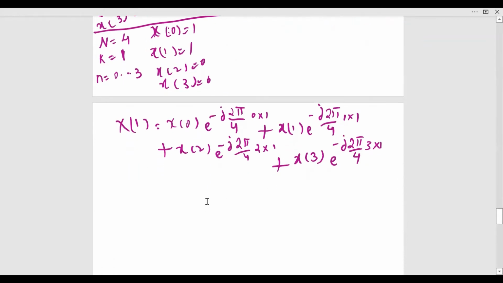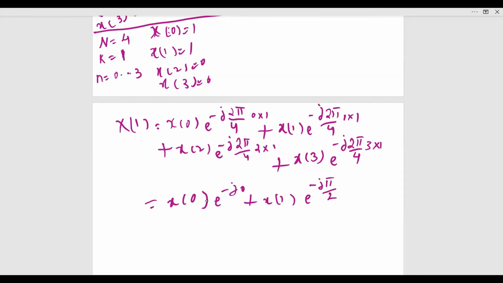Now we'll write it up. Simplify x of 0. So this is again 0 into 1 is 0, that is e power minus j 0. Next, plus x of 1 e power, so 1 into 1 is 1, so e power minus j, we'll get 2 pi by 4. 2 pi by 4 is nothing but 2 2's, that is pi by 2, right?